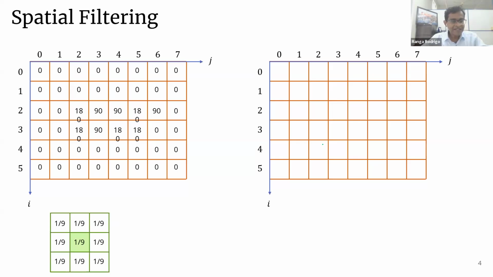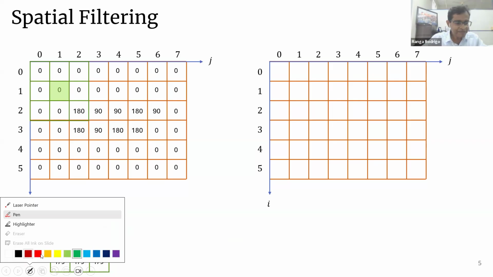We call it a window, a kernel, or a filter. Here are the values inside the image. My kernel is shown at the bottom, with all 1/9 values and a well-defined center. We keep the center at each possible location in the image, and you multiply the underlying values with the values in this kernel.